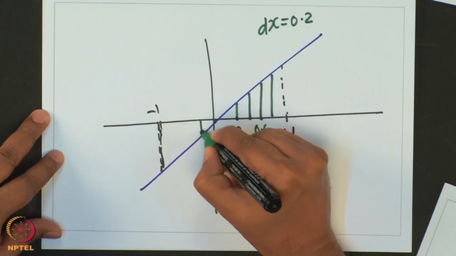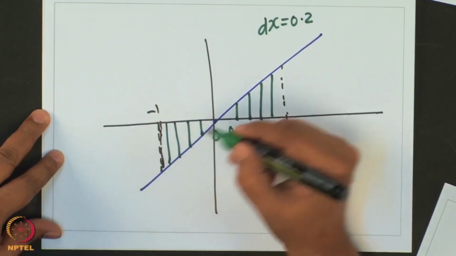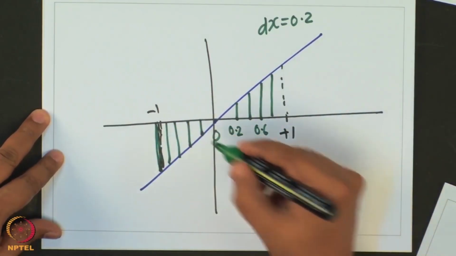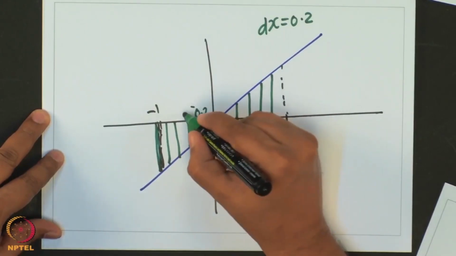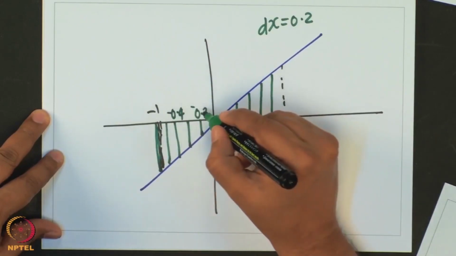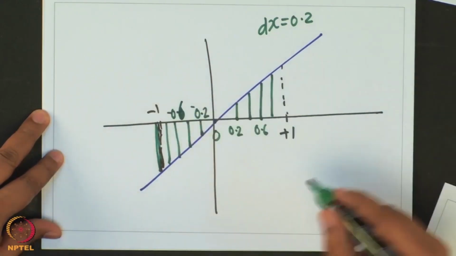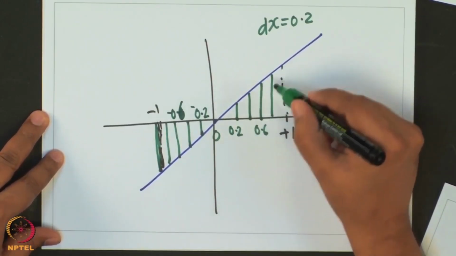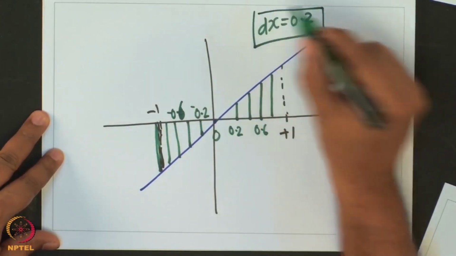Here also I would do 0.2, 0.4, 0.6, 0.8, and this is my 1. So this is minus 0.2, minus 0.4, minus 0.6, minus 0.8. So I divide these into small boxes, each having interval dx of 0.2.